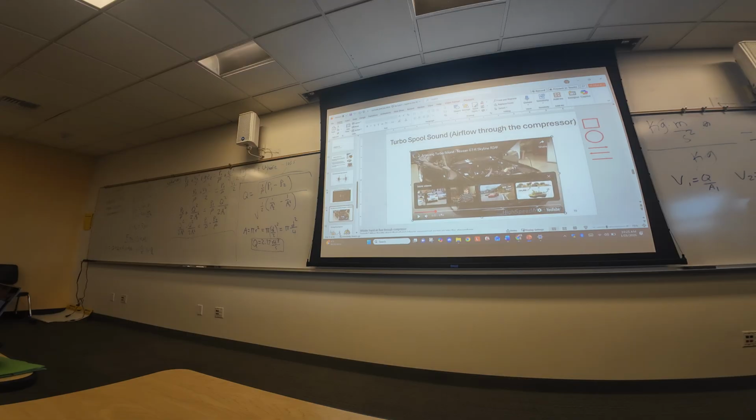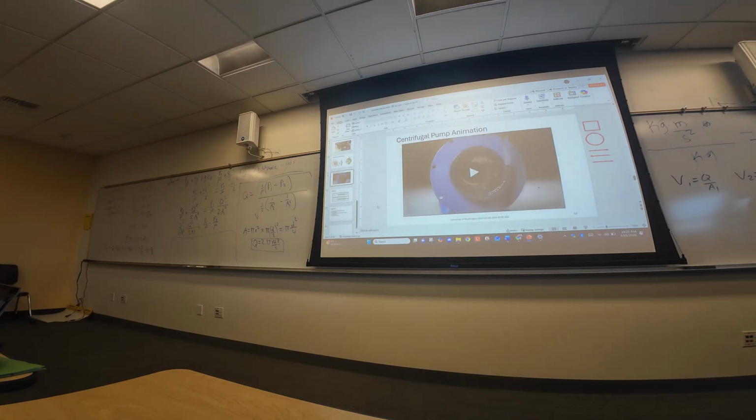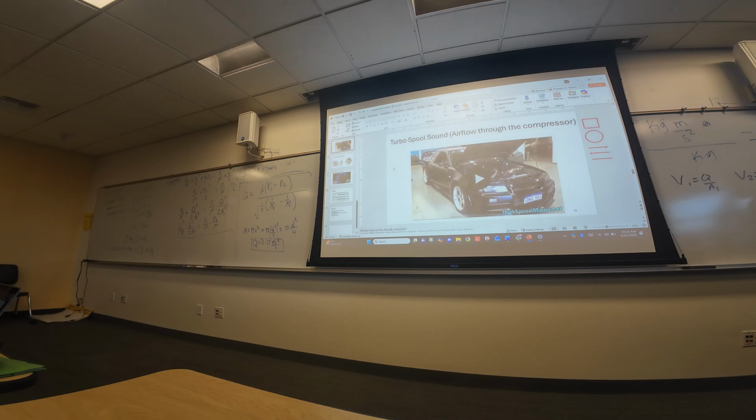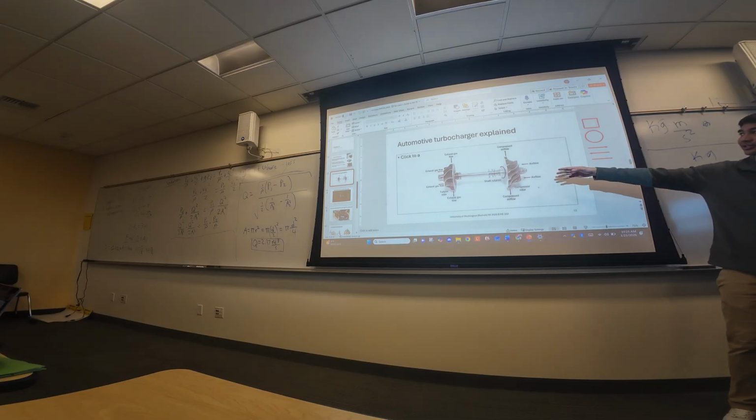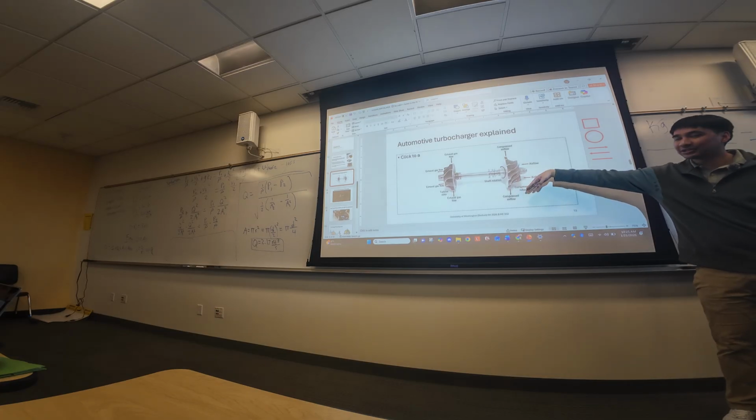That sound is literally just a whistle through the compressor portion, right here. Once you take your foot off the throttle, that compressor air needs to go somewhere. So that's why you hear that little whistle going through these vanes, that compressed air.